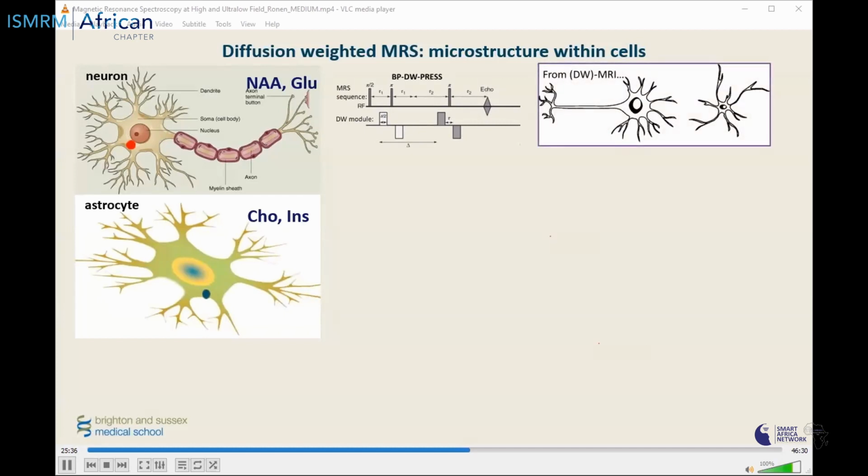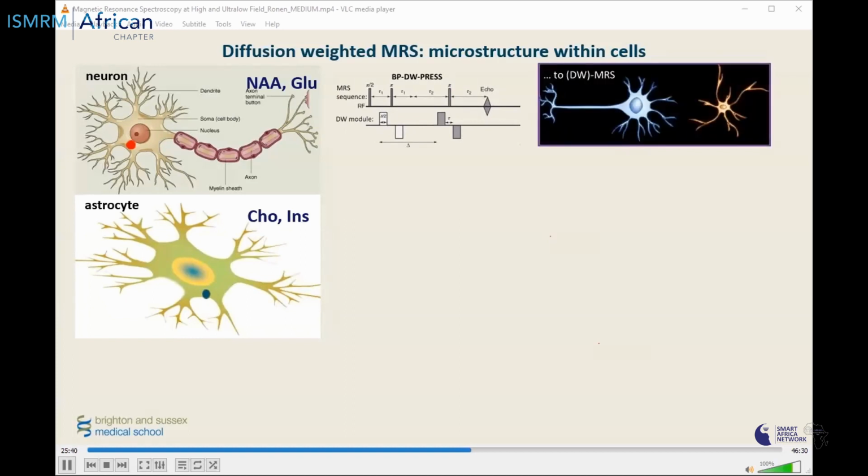And in this way, we go from diffusion weighted MRI to diffusion weighted MRS, in which we essentially look only at properties of molecules that are trapped within cells, either in astrocytes or in neurons, and in a selective manner can say, well, if there is a pathology in one of those types of cells and it affects specifically the diffusion properties within these particular cells, then we can add to the explanation that diffusion weighted imaging gives to the picture.